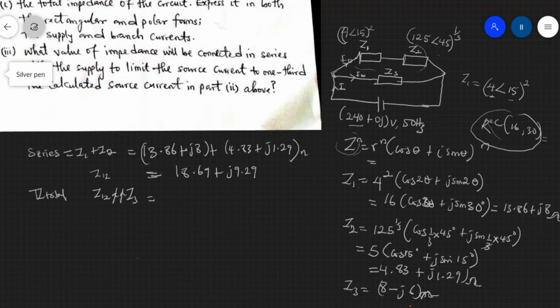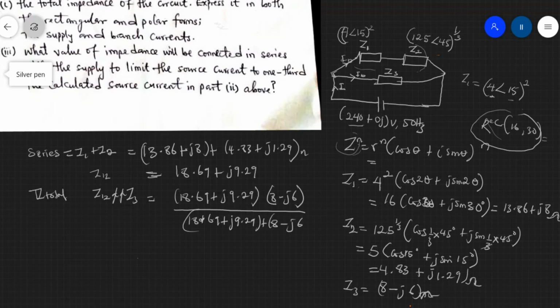So this is going to be 18.69 plus j9.29 times 8 minus j6, all over 18.69 plus j9.29 plus 8 minus j6.